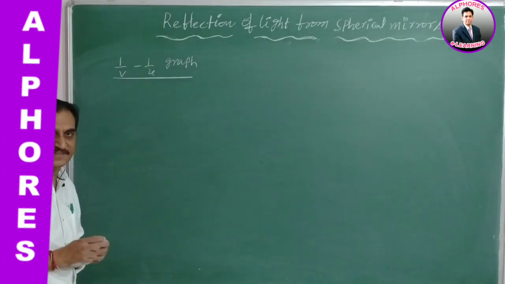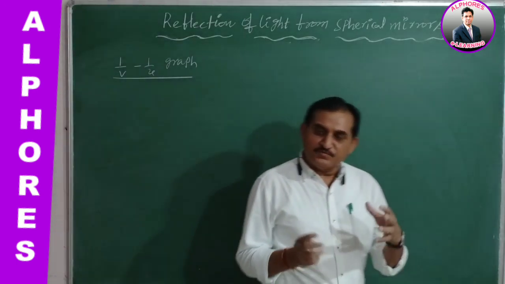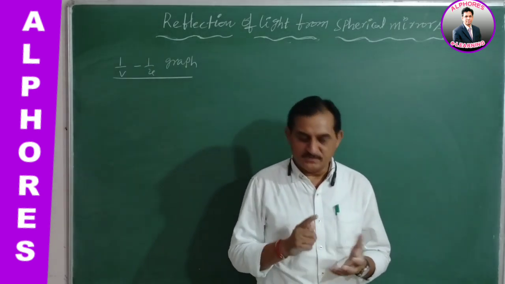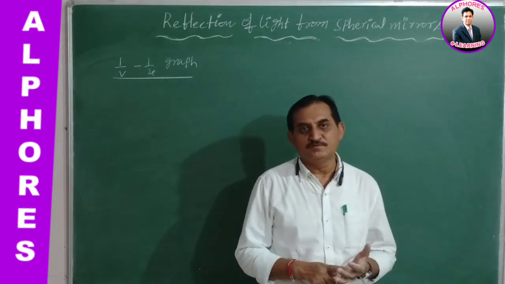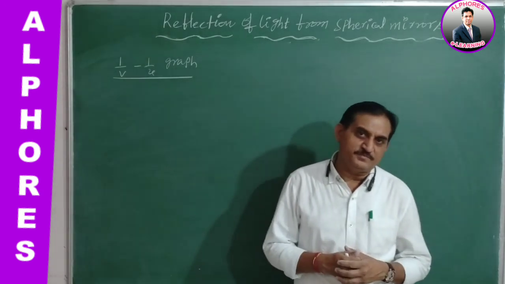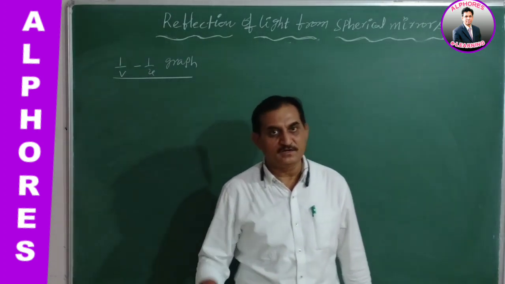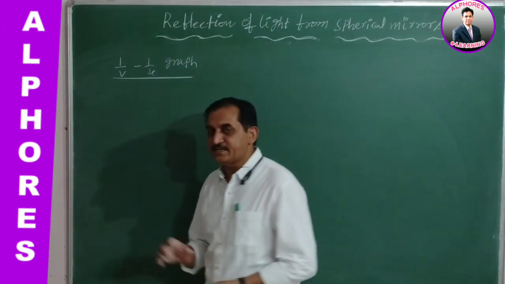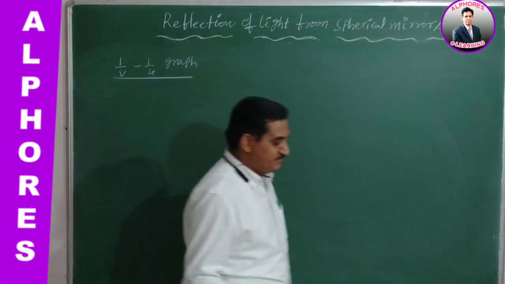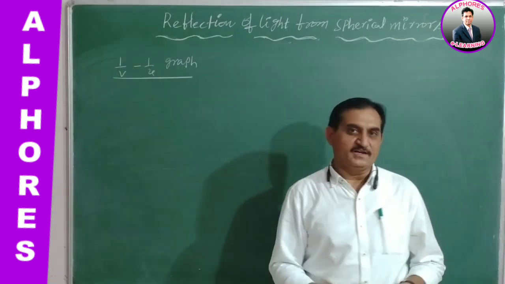When the object is kept in front of the concave mirror, the image formed is either real, or the mirror can also give a virtual image. So the concave mirror gives both real and virtual images for a real object. Once again I repeat, this part was covered earlier.